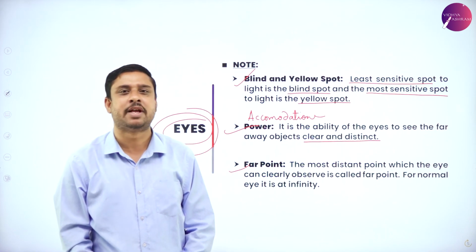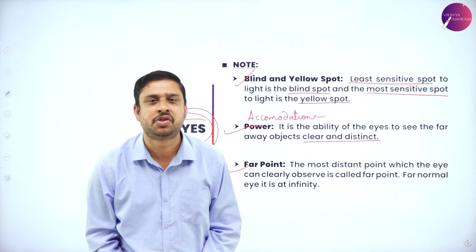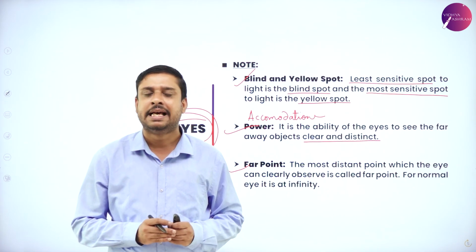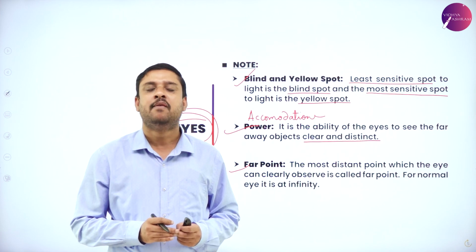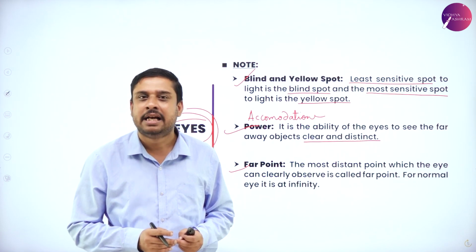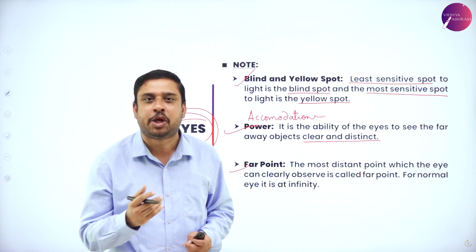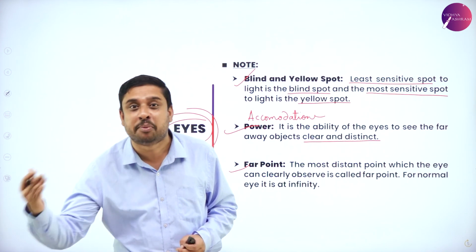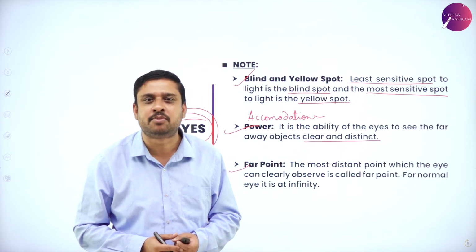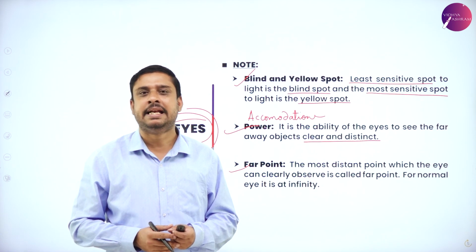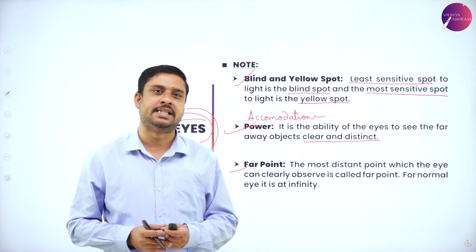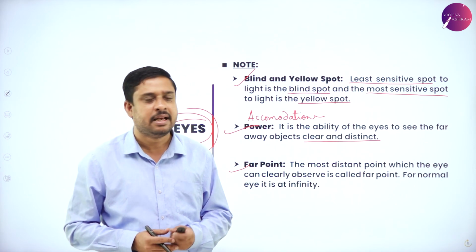So students, in today's class, we have understood a beautiful phenomenon of scattering, Rayleigh's Law, which explains the blueness of the sky, why it is red during sunrise, and also the blueness of the sea. And finally, a few terms with respect to the eye. Next, we understand the working of a few optical instruments. Until then, thank you.